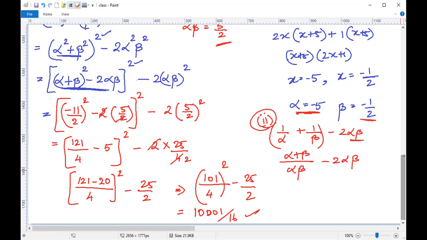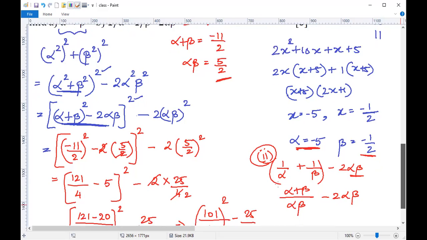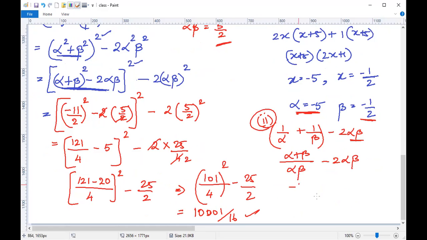Alpha plus beta is minus 11 by 2, so minus 11 by 2 divided by 5 by 2, so the 2 will get cancelled, minus 2 times again 5 by 2, here also the 2 will cancel, so you will end up with minus 11 by 5 minus 5. Taking the LCM, it will be minus 11 minus 25. So the answer is minus 36 by 5.